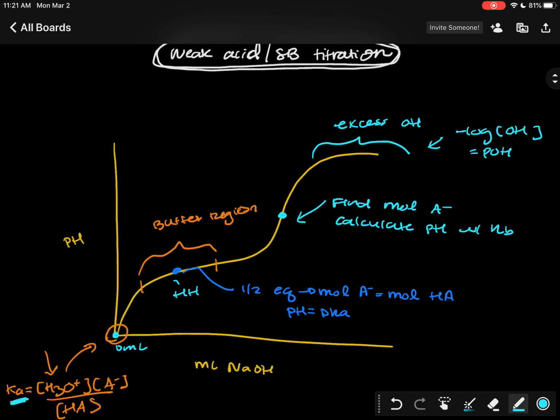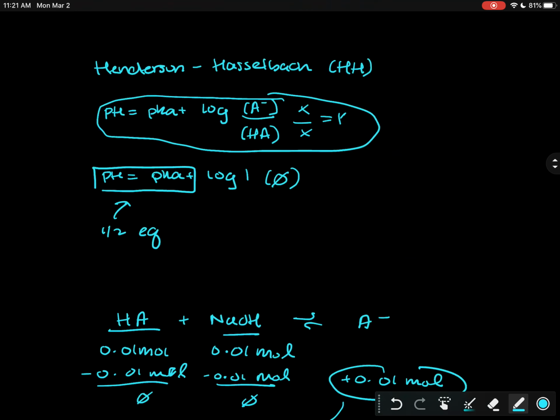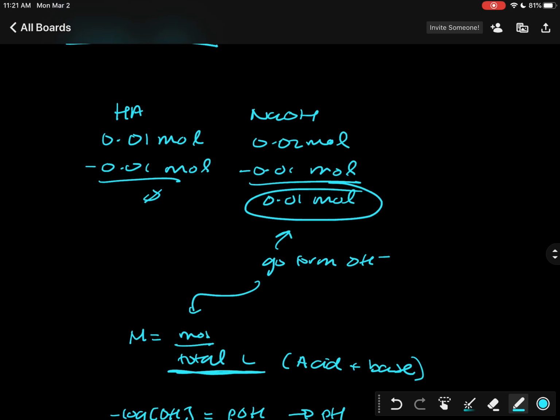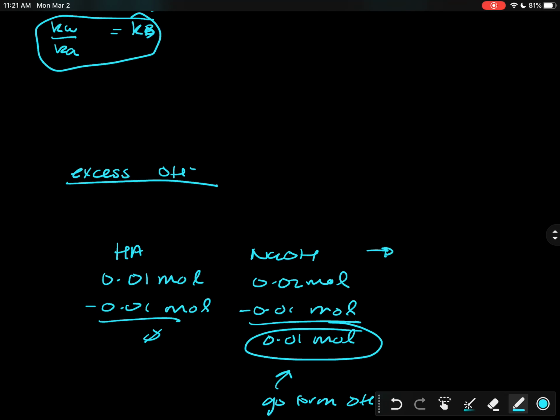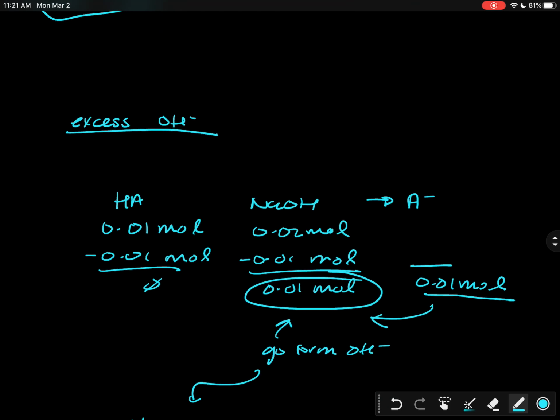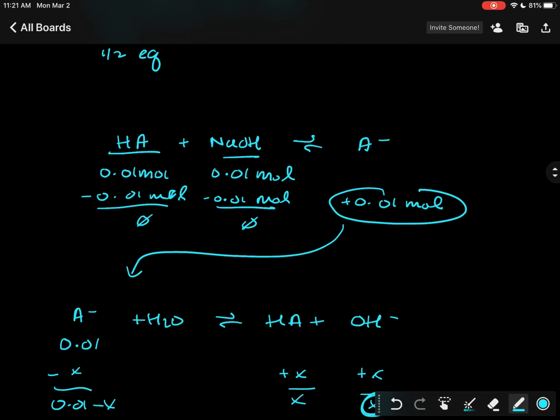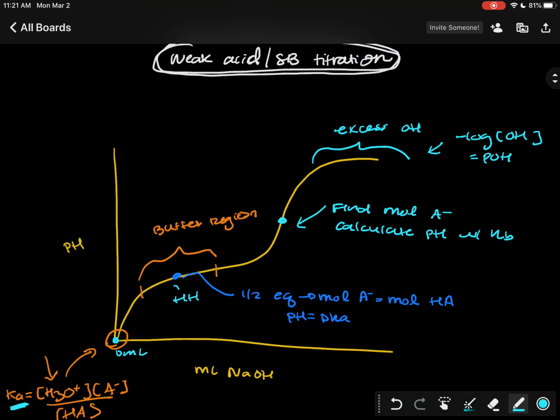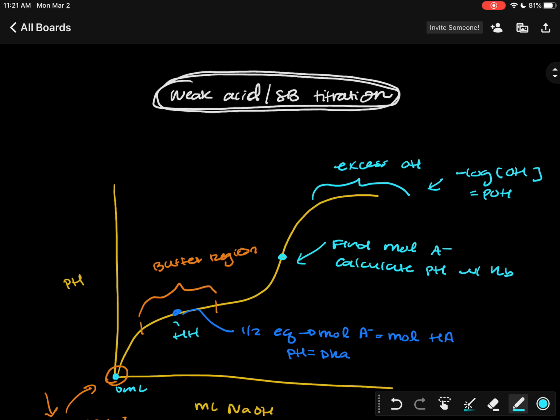And last but not least, with excess OH, we can just assume there's so much OH that, although technically we would be forming some A minus, the 0.01 mole of A minus forming is negligible compared to this. So we're only going to focus on the NaOH. We can ignore the A minus produced because it will not have as significant an effect on pH. So this is how we could find all these values.